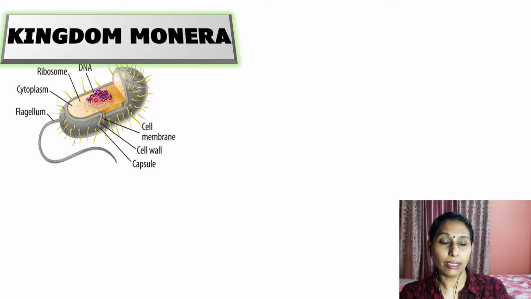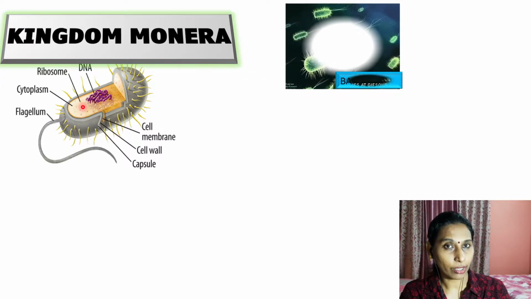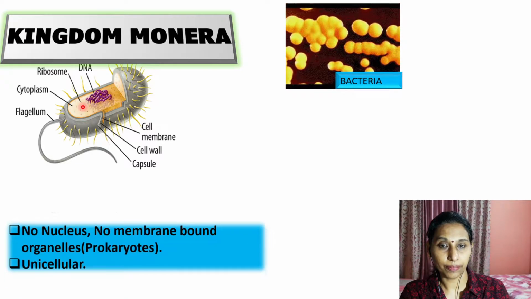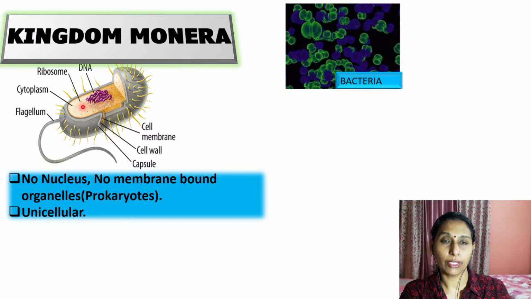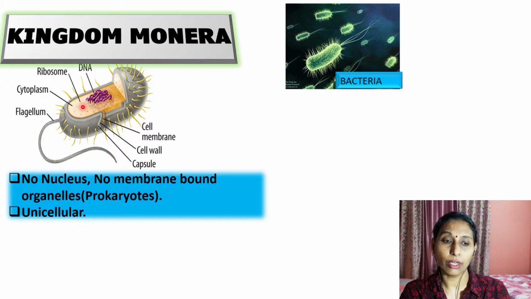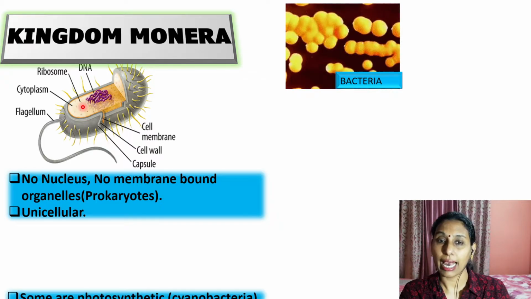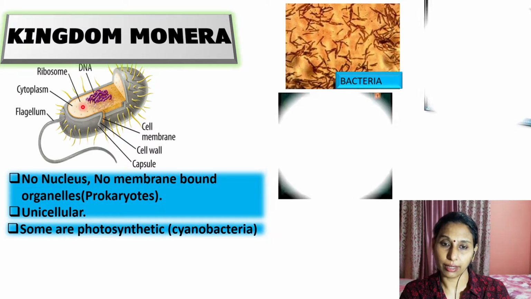It's only DNA which is scattered in the cytoplasm, and there is only one type of organelle, that is a ribosome. No other membrane bound organelles are present. Example of such organisms: bacteria. Okay, so the first characteristic: no nucleus, no membrane bound organelle, and they are unicellular organisms.